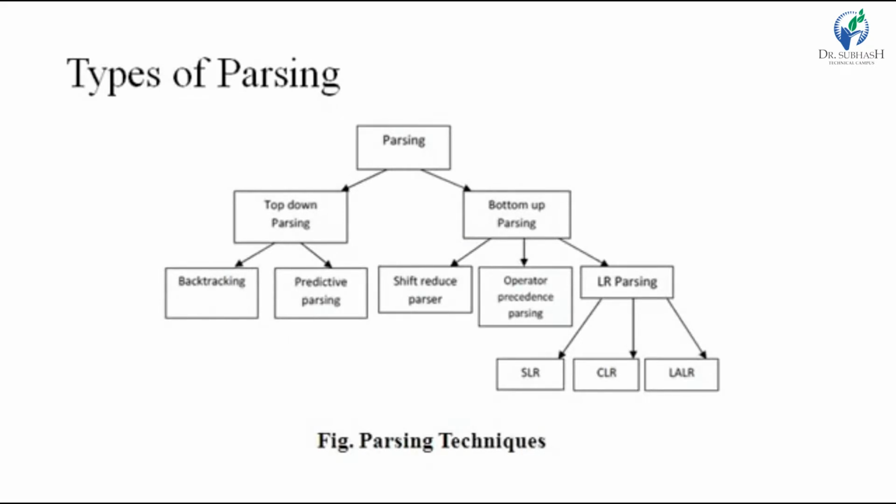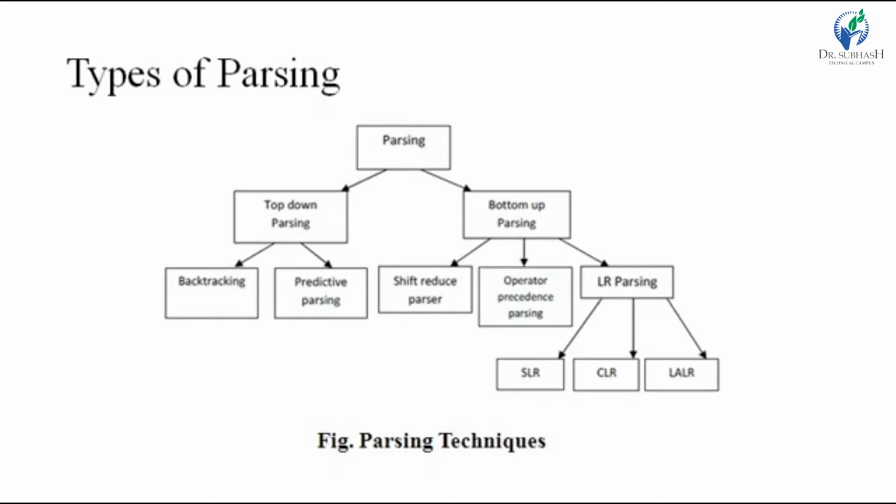So first, what is parsing, and what are the types of parsing? Parsing, or syntactic analysis, is the process of analyzing a string of symbols according to the rules of a formal grammar. Parsing is a technique that takes an input string and produces output, either a parse tree if the string is a valid sentence of the grammar, or an error message indicating that the string is not a valid sentence of the given grammar.